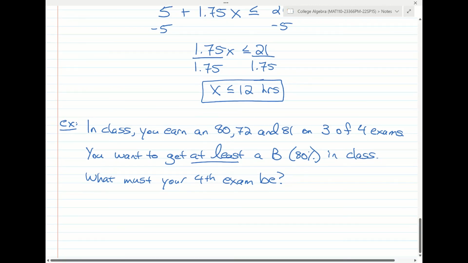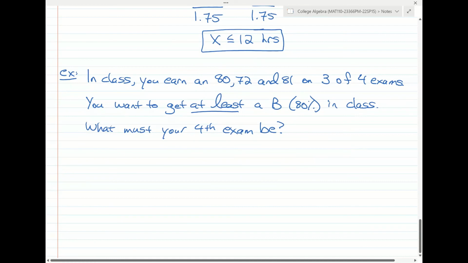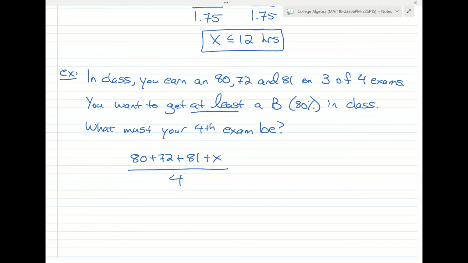The way that you would do this is you want to find the average of the 4 exams. So the way we get an average is we add them up and divide by 4. We don't know what that 4th exam grade is, so we just put X. Is this going to be an at most or at least?